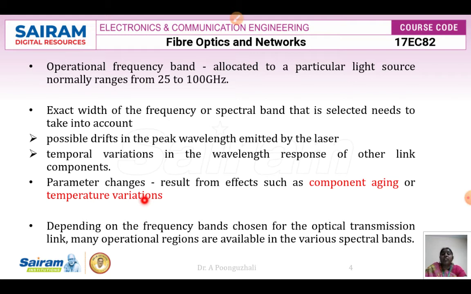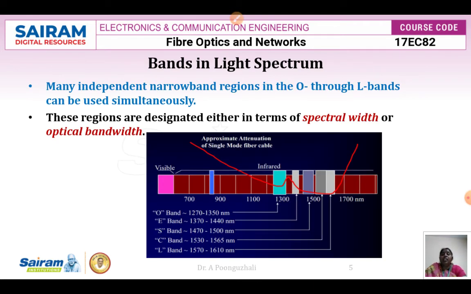Because of these factors, the parameters of the components can change, which results in temporal variations in your wavelength. So depending on what frequency band is chosen for your optical transmission, we can define the operational regions available in the various spectral bands. Next we are going to see the bands in the light spectrum.